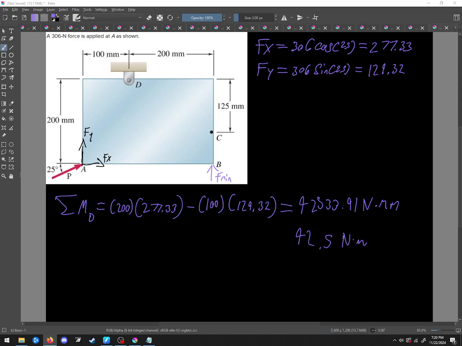Do we even need to think about that? Well, we know the moment about D is equal to 42.5 newton meters.